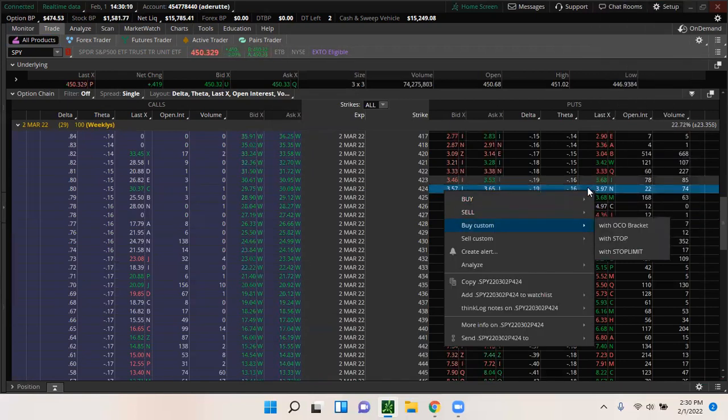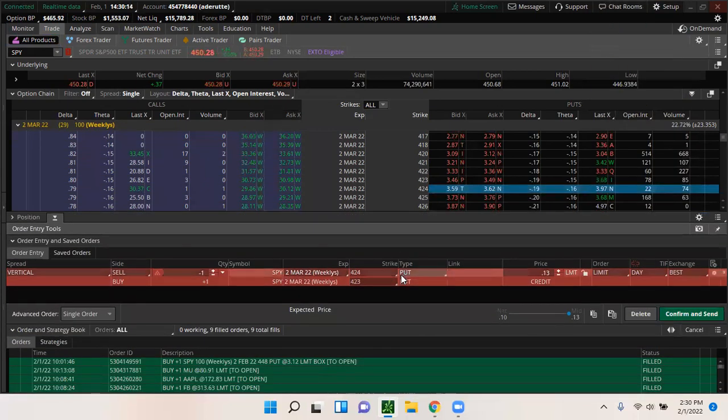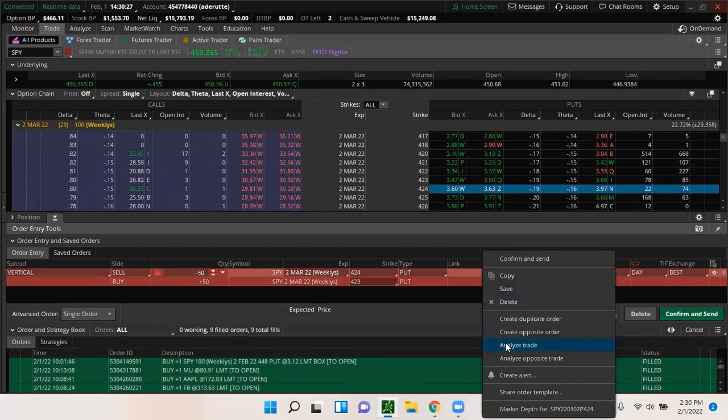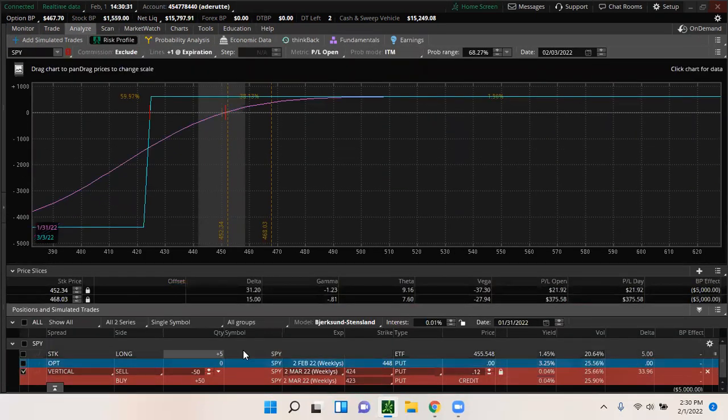So vertical. Okay. So I'll do 50 so that it's a little more money, right? So I'm going to go to analyze trade. And now I'll get rid of my own options so that you guys can see just this.